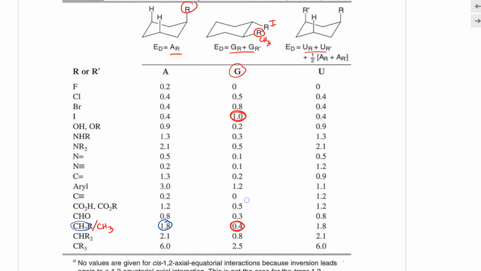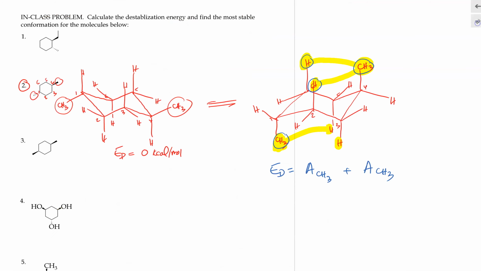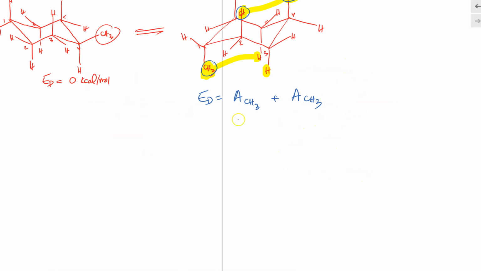Please notice the following. This value right here is given for when this alkyl group is interacting with both of these hydrogens. So for each hydrogen, it will be 1/2, which is 0.9. But the value given right here is for both of these hydrogens. So in this case, we have 2 of those. And this is now 1.8 kcal per mole.